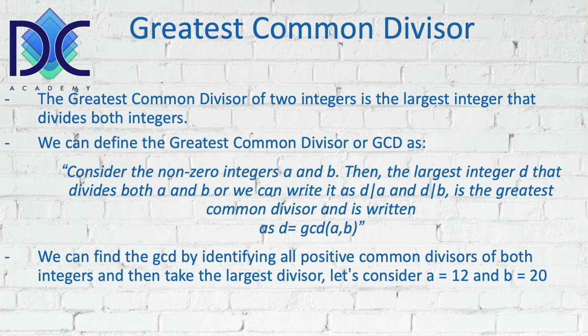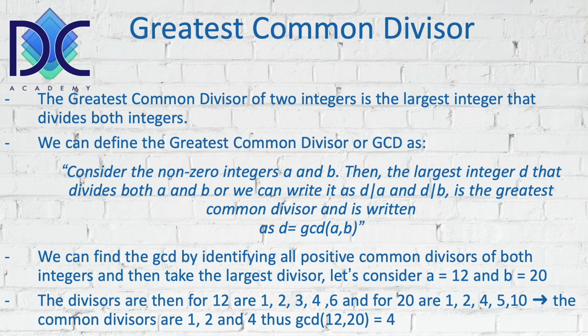What we can do is look at the positive common divisors of the two integers that we are considering. For example, take the numbers 12 and 20. The divisors of 12 are 1, 2, 3, 4, and 6. For 20 we have 1, 2, 4, 5, and 10.